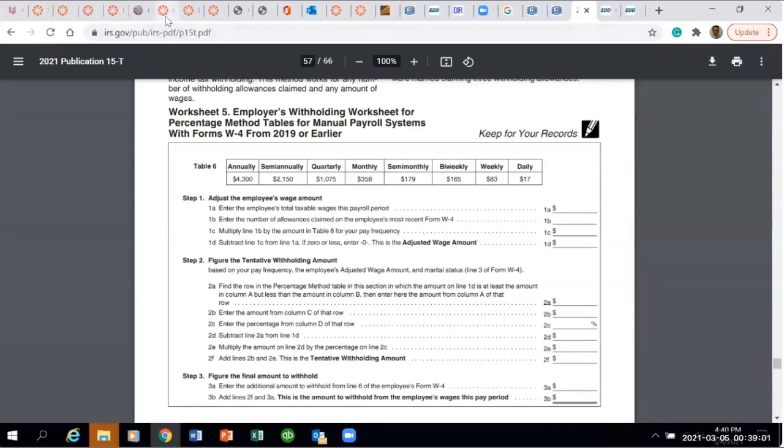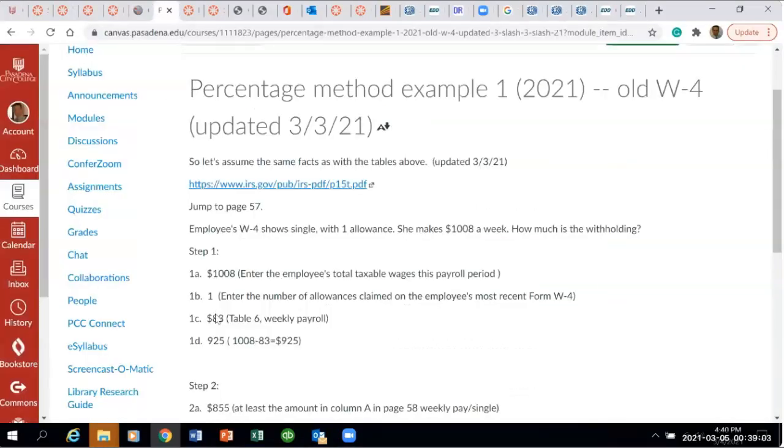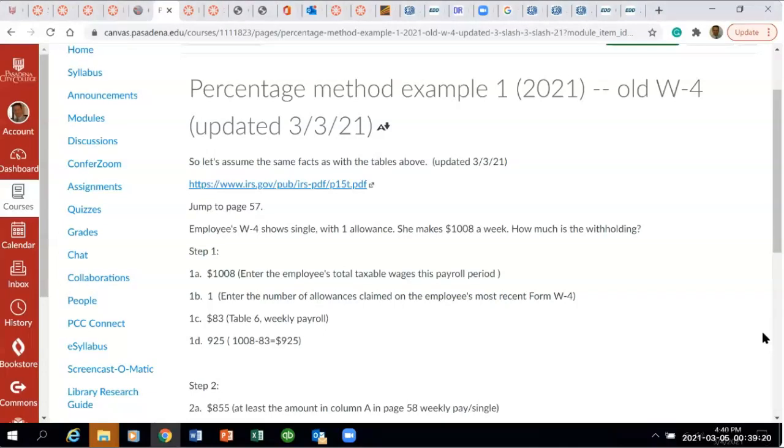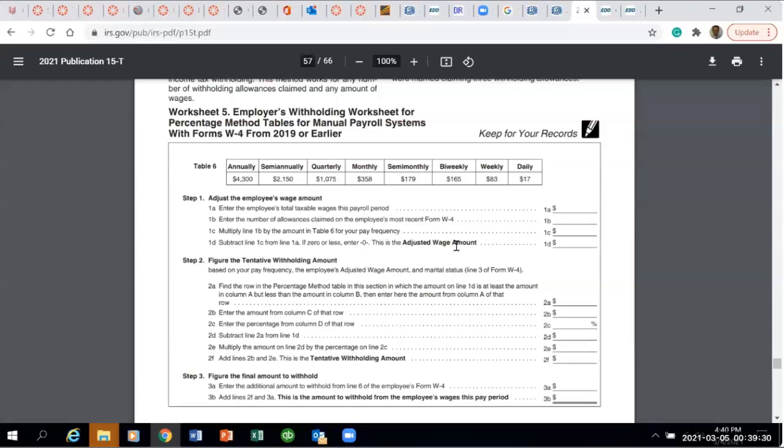Okay, $83 credit from Table 6 times 1 is 83. Subtracting that from 1,008 gives you 925. So $925 is the Step 1 adjusted taxable wages.